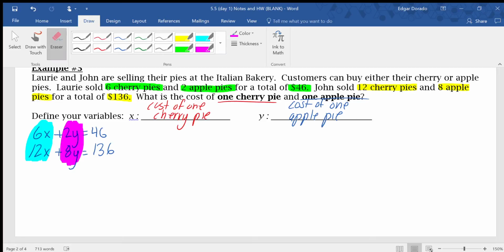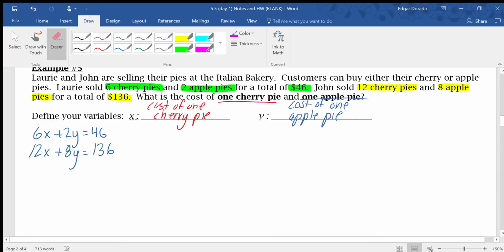So we are going to have to multiply one of these equations by some number. As you can remember from my previous videos, I always ask myself, can I turn the smaller one, for example in my x's, my smaller one here would be my 6, into the opposite of the bigger one? My bigger one here is 12, so can I turn 6 into 12 by multiplying it by something? Yeah, I can multiply it by 2.